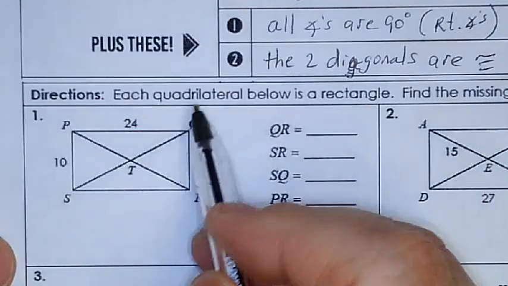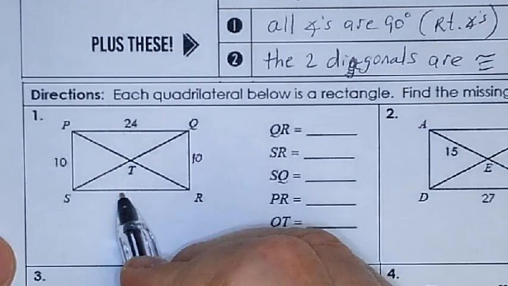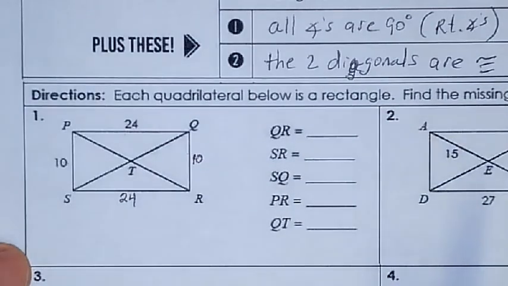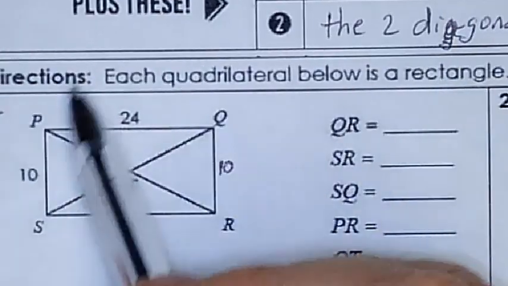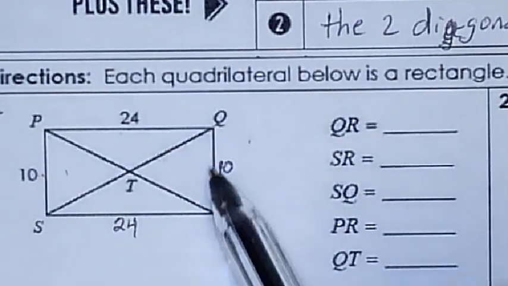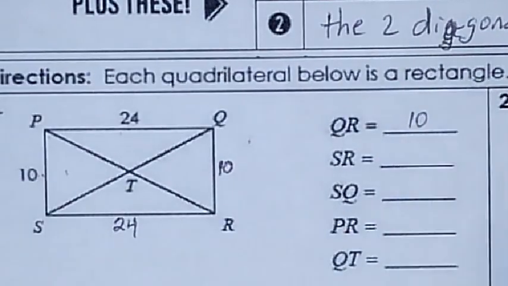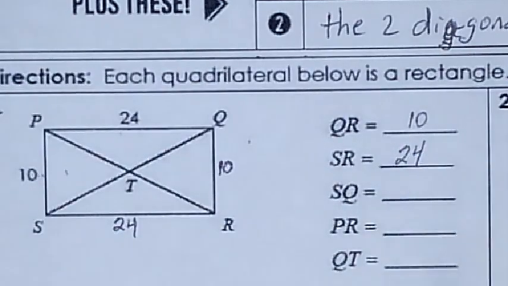Likewise, if PQ is 24, and that's the top, then its opposite side, the bottom, is 24. So right now we have two of the answers. We now know that QR, which is right here on the right side, is 10. And we also know that SR is 24. Awesome.